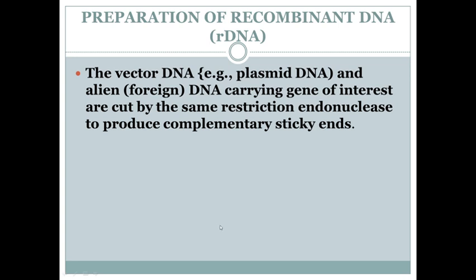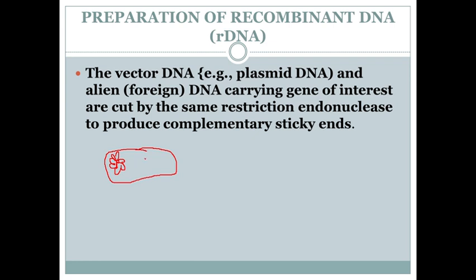There are certain prokaryotes like bacteria that have an extra chromosomal circular molecule of DNA called a plasmid. Suppose this is a bacterial cell, and here is the prochromosome, or what we call the nucleus.